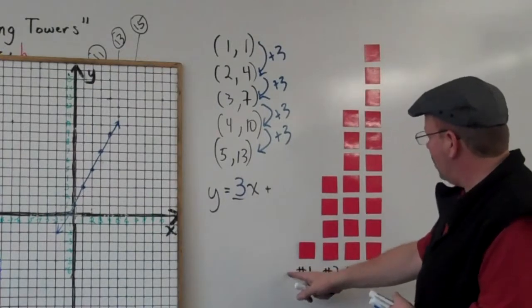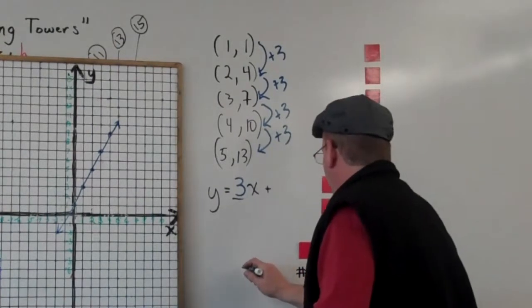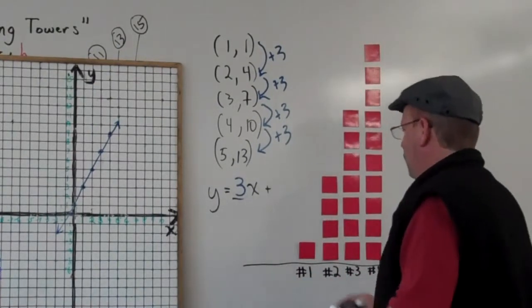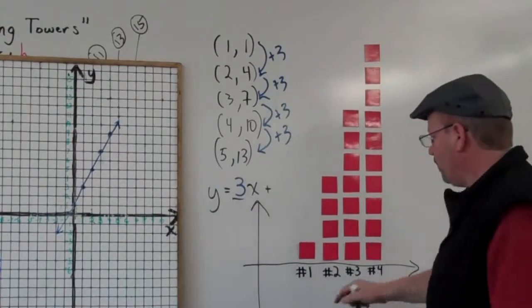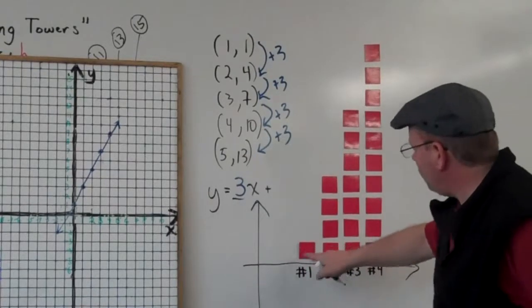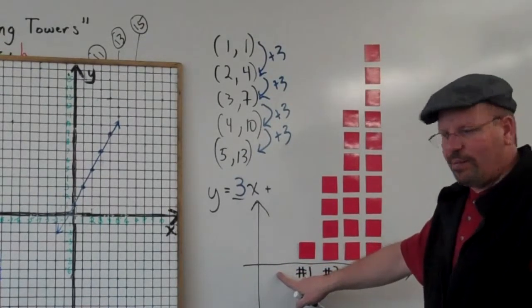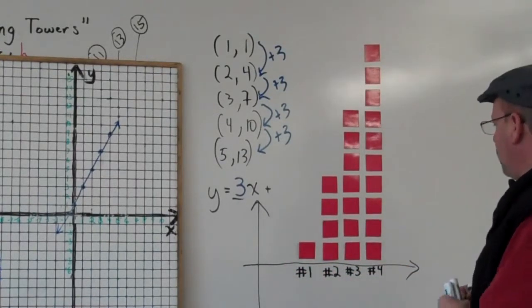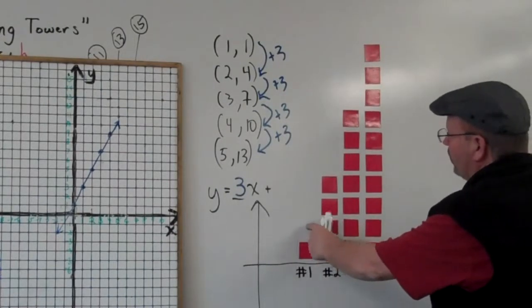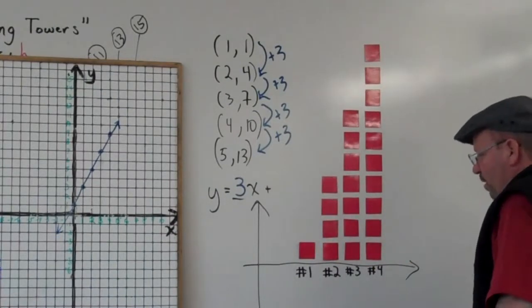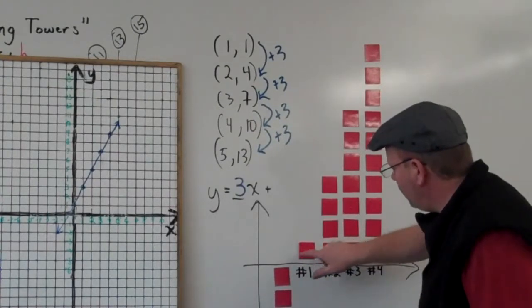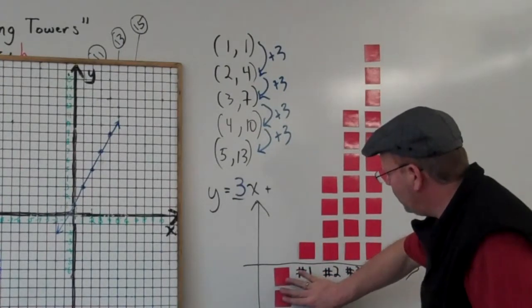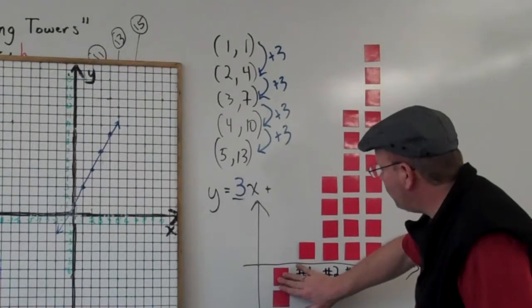But look, if this is the bottom, our 0 tower is going to be somehow underground. If these are going up by 3 each time, our 0 tower is actually going to be 1 minus 3, which we would call negative 2.